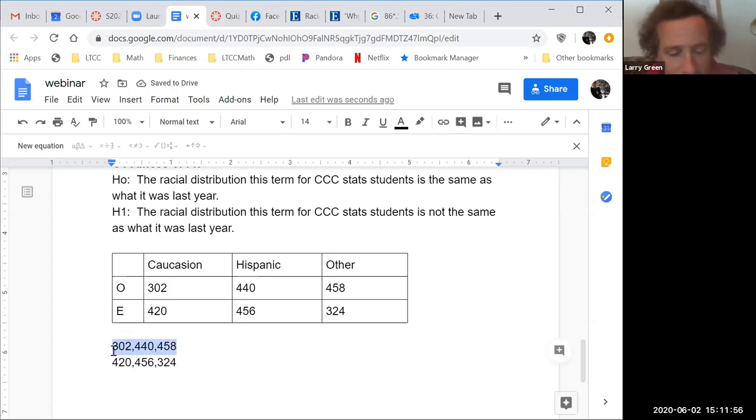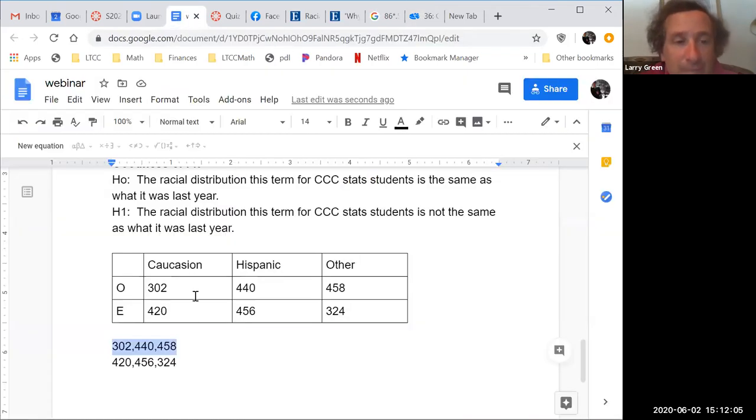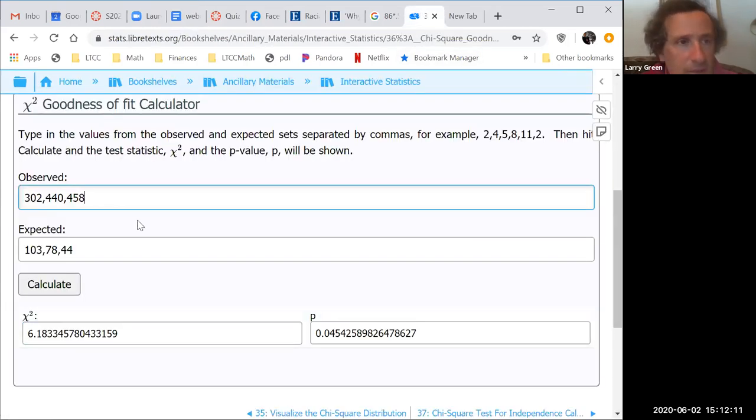And the good news is I can copy and paste. Let's go to the calculator, pop them in, and then pop the other one in. And hit calculate.